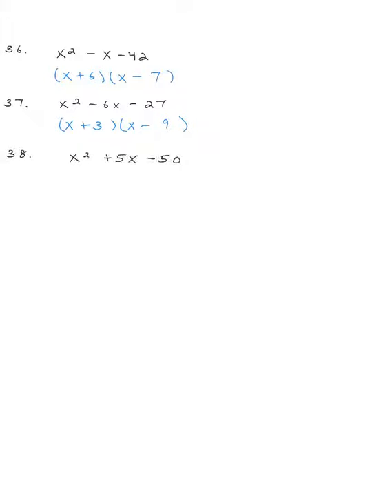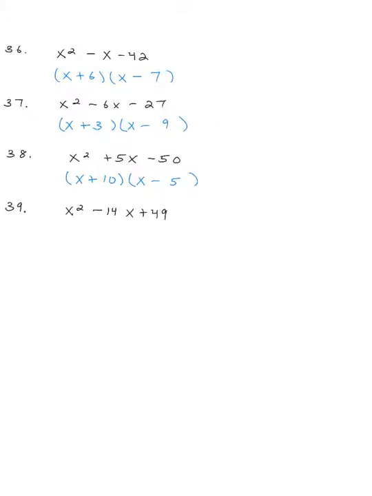For this one, let's see. Again, we have to have a positive and a negative if this is going to work out nicely. So it's got to be a positive 10 and a negative 5. The product would be negative 50, yet the sum of those two numbers is positive 5.